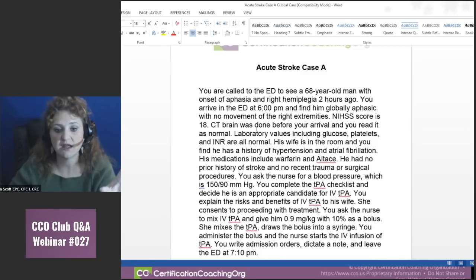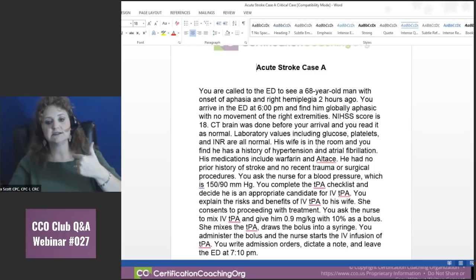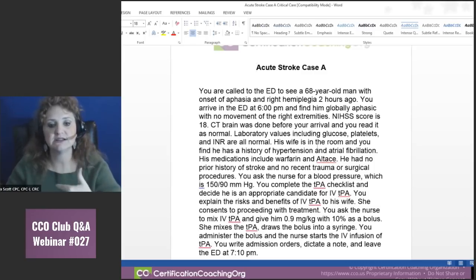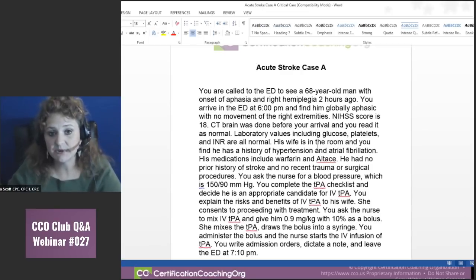So that doesn't give us anything to say that they're critical, because they do CT scans on people that are not critical. All those labs are normal, right? The wife is in the room. Okay. Now, if he is globally aphasic and has no movement on the right side, he is probably going to be nonverbal.